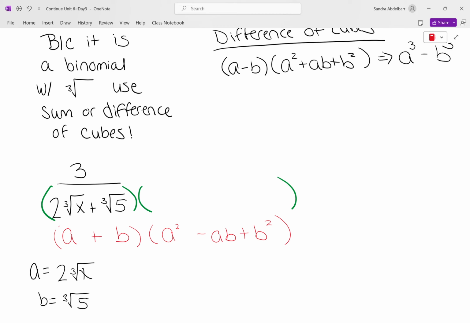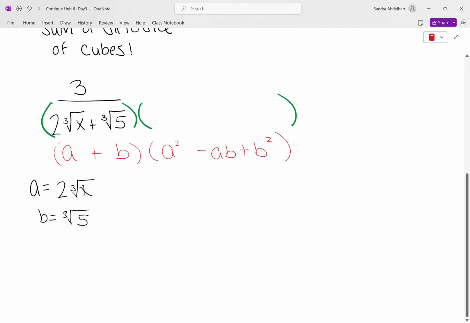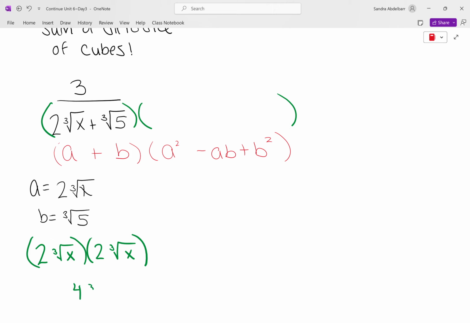For a squared, if I take 2 cubed root of x and square it, that means 2 cubed root of x times 2 cubed root of x, which is going to give us 4 cubed root of x squared.